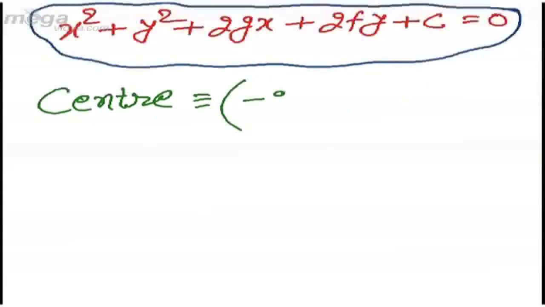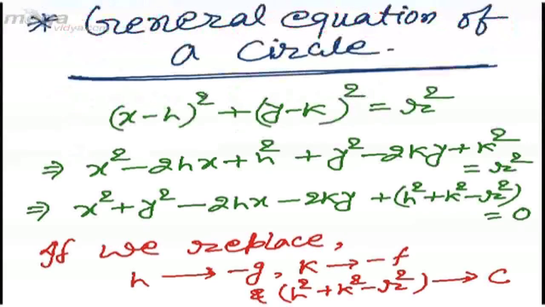So the center will be minus g comma minus f, and the radius is r. Here, h square plus k square minus r square is equal to c. So from here, r square is equal to h square plus k square minus c.